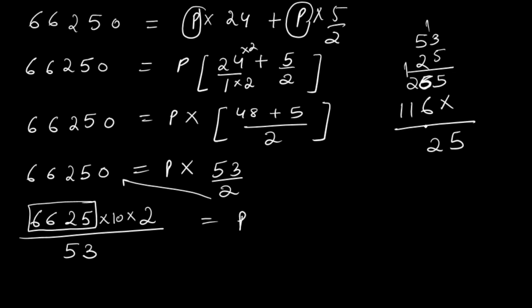So here we are getting 1425. Okay, what we'll do, we'll multiply this 2 with 6625. 6625, if we multiply by 2, what will we get? 2 into 5, 10.